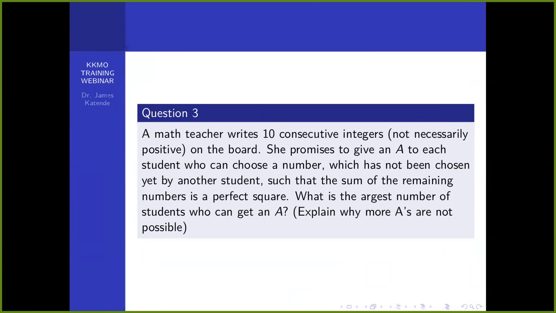And she promises to give an A to each student who can choose a number which has not been chosen yet by another student, such that the sum of the remaining numbers is a perfect square. So what is the largest? That's a typo. It's supposed to be, what is the largest number of students who can get an A? And then you need to clearly explain why more A's are not possible.